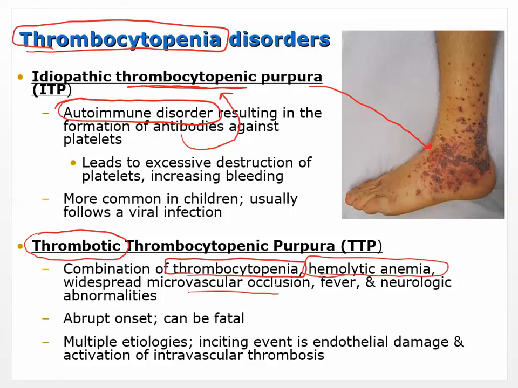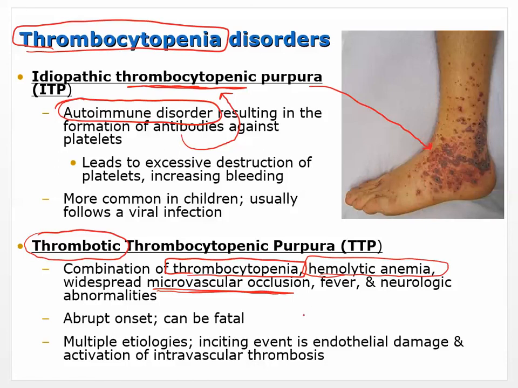So really, what happens with thrombotic thrombocytopenic purpura is that you use up your platelets by causing clots. So you're forming clots all over, and then ultimately you don't have enough platelets to do that, and then you can see some bleeding out.